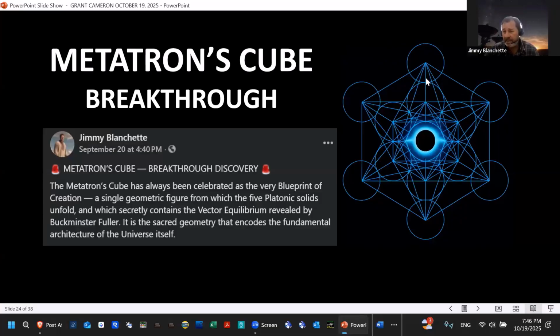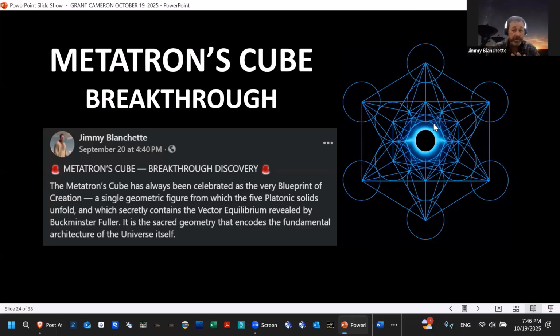And it's interesting because what we're looking at here is a 2-dimensional structure, a flat surface. But if you look at the lines, you can recreate a 3-dimensional visualization of these 5 Platonic solids. So we go from a 2-dimensional picture that reveals 3-dimensional structures, the tetrahedron, the cube, and so on.